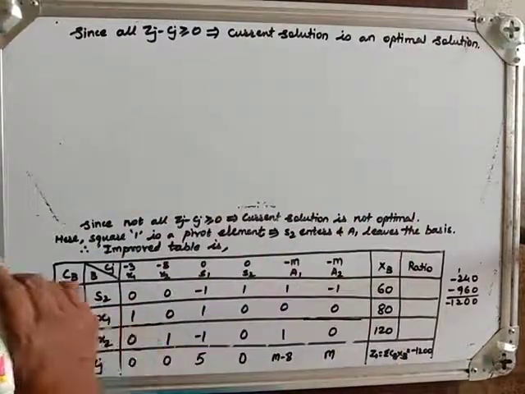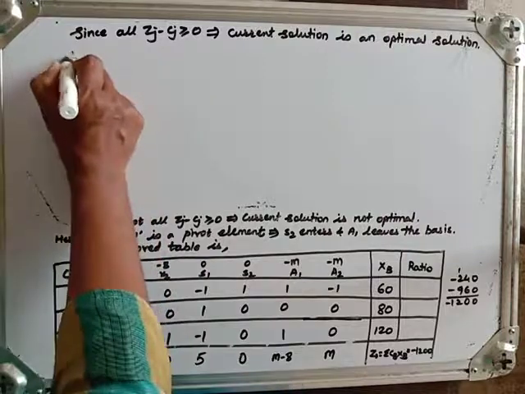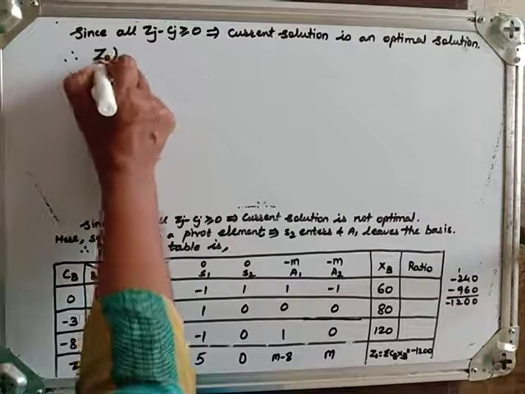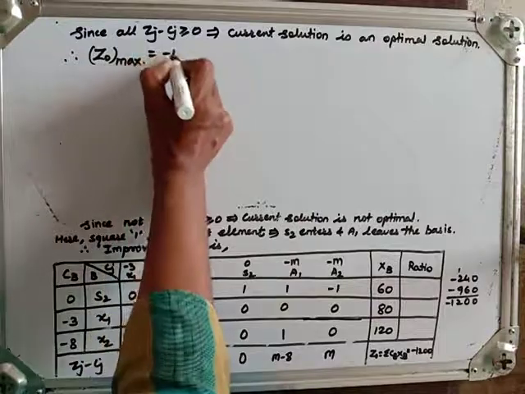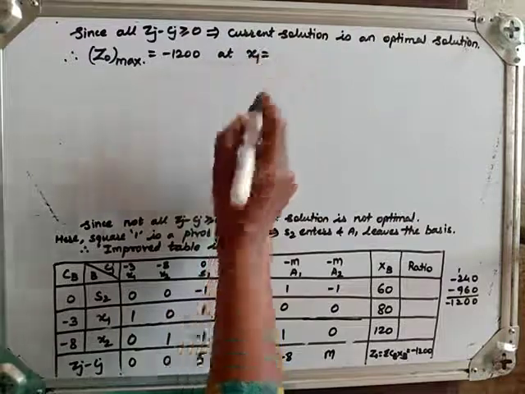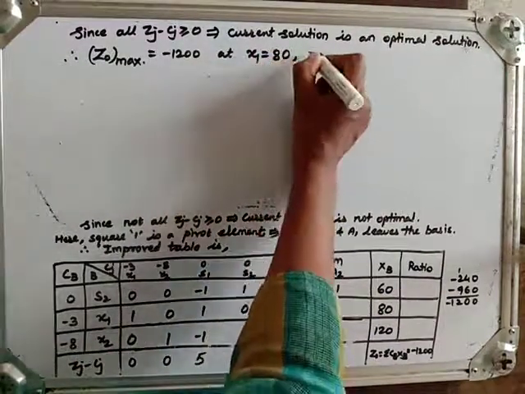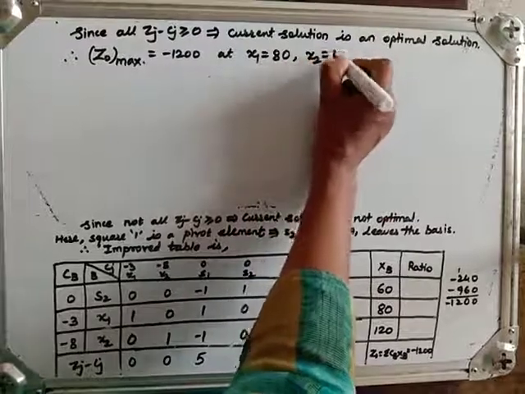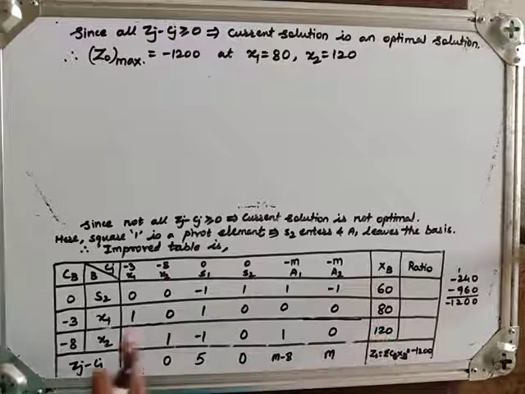So what is that optimal solution? Therefore we get Z0 max equal to minus 1200 at x1 equal to 80 and x2 equal to 120.